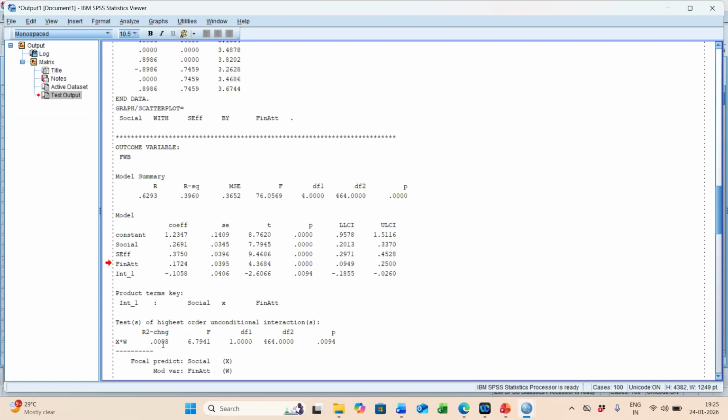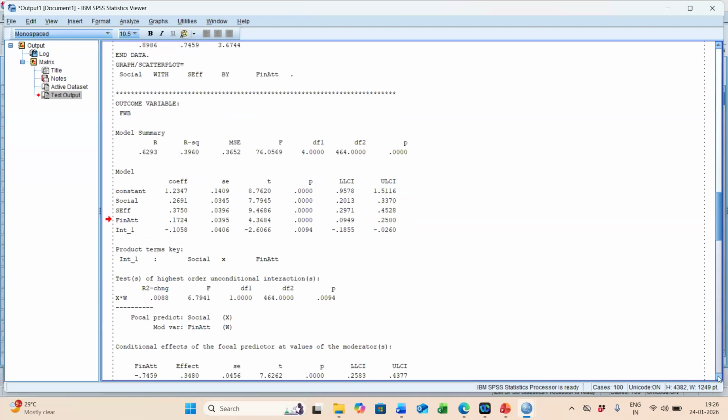Here, the R-square change is 0.0098. That means the effect is less than 1%, but the p-value is less than 0.05, as the p-value is 0.0094.